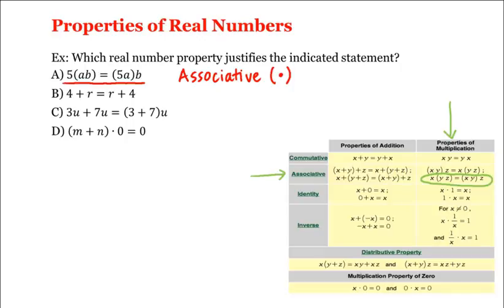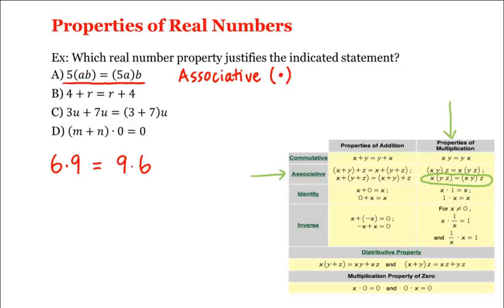So let's write that. Associative property for the operation of multiplication, and we'll just write the little multiplication symbol here. Now, often when students are learning these properties, they confuse associativity with commutativity. With the commutative property, we flip or reverse the order. So the commutative property for the operation of multiplication might be something like this. 6 times 9 is equal to 9 times 6.